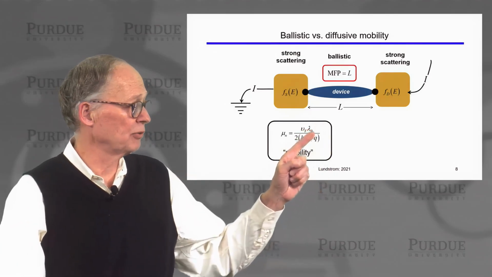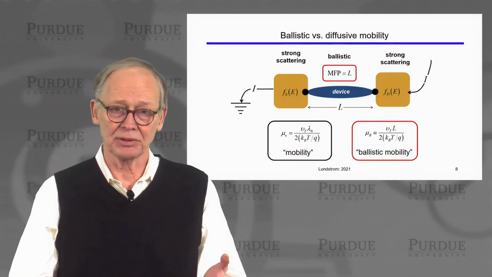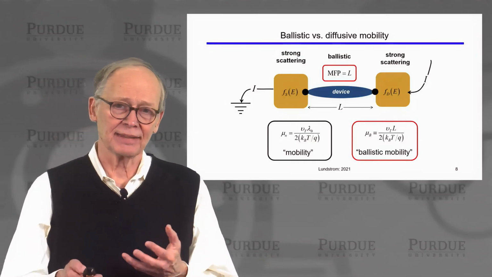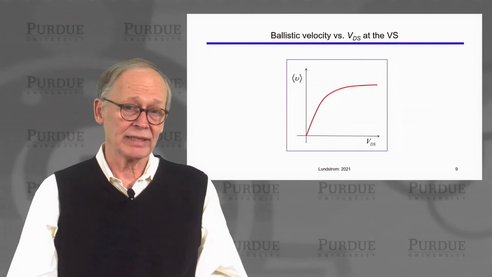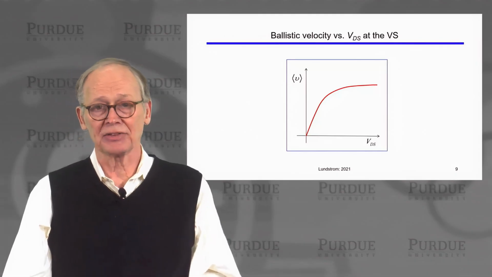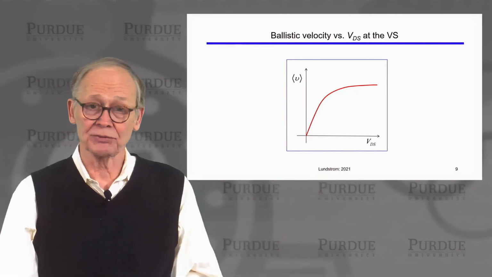We just replaced the mean free path in the mobility expression by the channel length, and that gives us the ballistic mobility. So it has a sensible physical interpretation. It turns out we can actually plot at the virtual source the average velocity versus drain to source voltage.